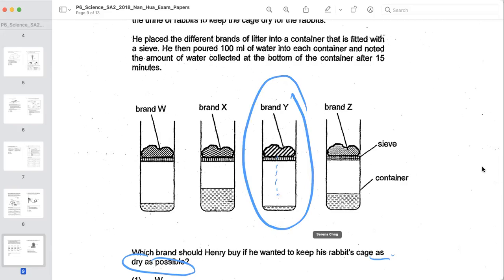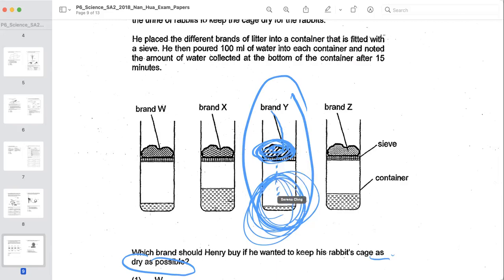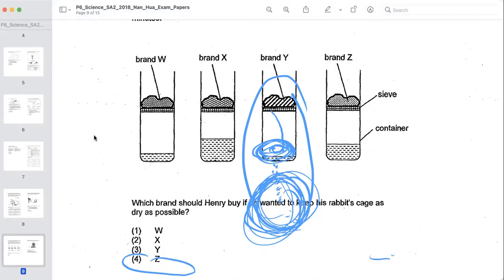Repeat, the brand that can absorb the most urine is the one that allows the least urine to pass through. So the least water is collected here, because most water will be absorbed. So the answer is brand 1, option 3.